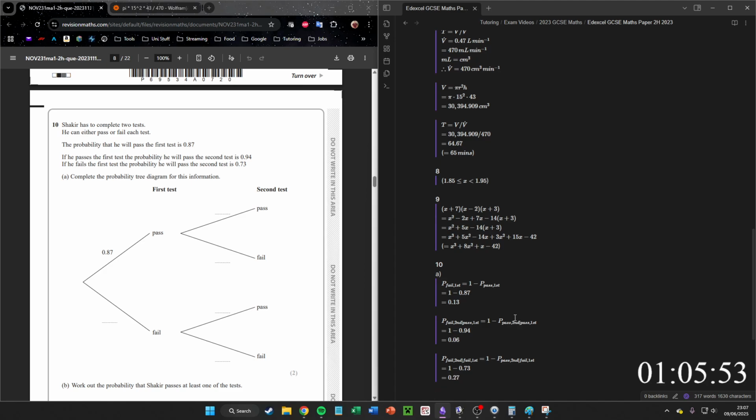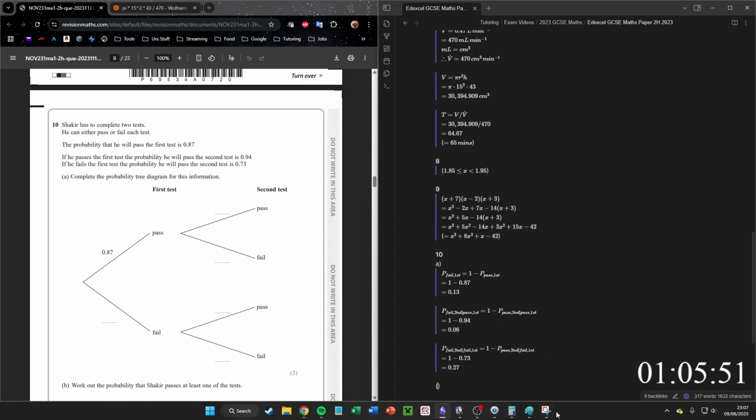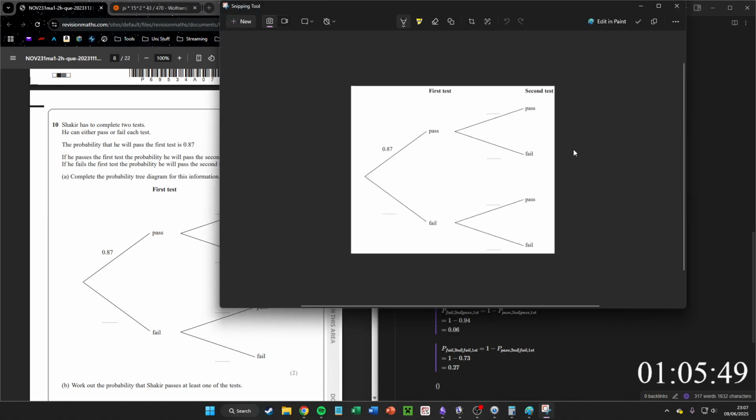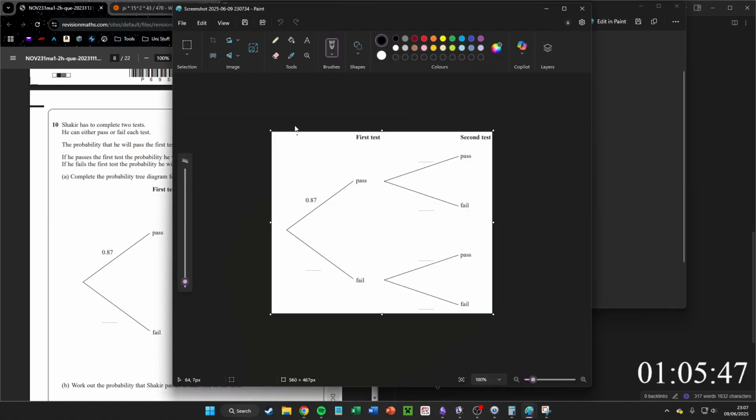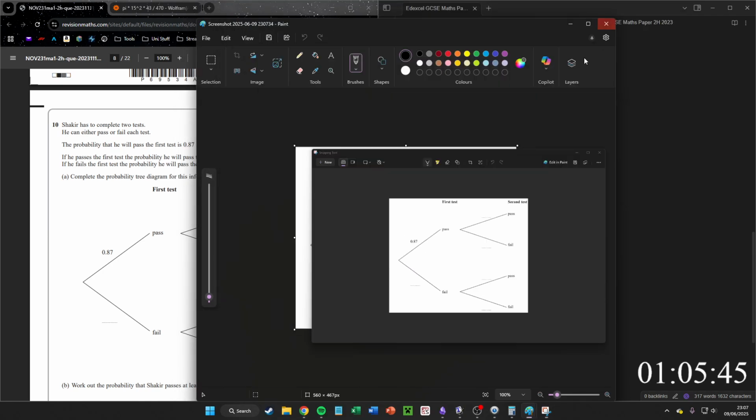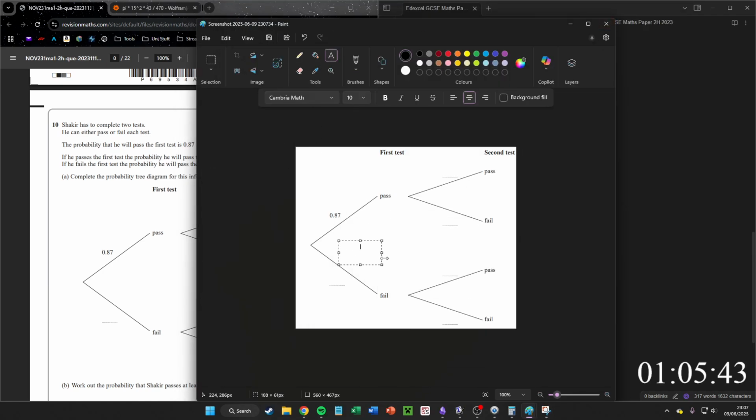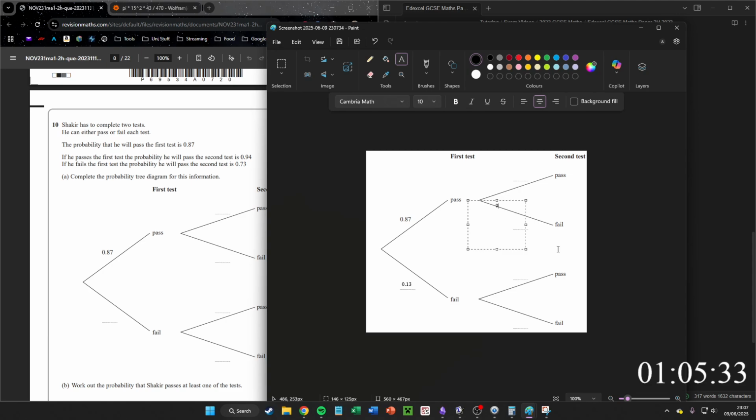So now I'm going to draw the completed diagram. Let's look at that. So we got this to be 0.13, just from 1 minus. Up here, if he does pass, then to pass again is 0.94. Not in the right place though.